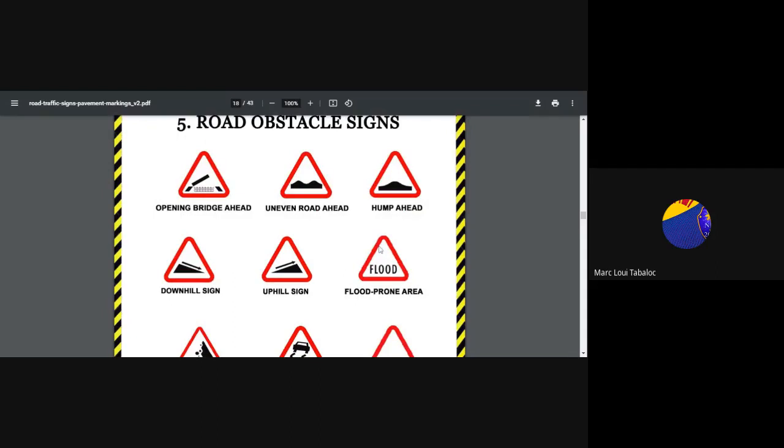Downhill sign would inform you, oops, downhill, you need to slow down. Uphill sign, if you are driving a vehicle, will inform you that you need to downshift, or lower the gear, especially if it's very uphill.